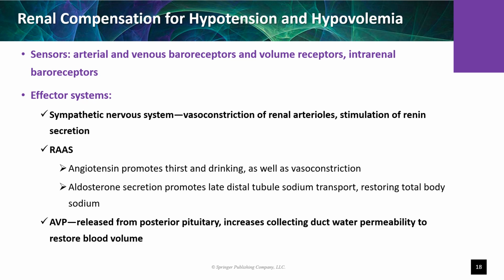There's increases in circulating renin that lead to angiotensin I and conversion to angiotensin II. Remember, angiotensin II increases vasoconstriction, stimulates thirst, tubular sodium reabsorption, adrenal aldosterone secretion, posterior pituitary vasopressin secretion, and promotes increased sympathetic activity.